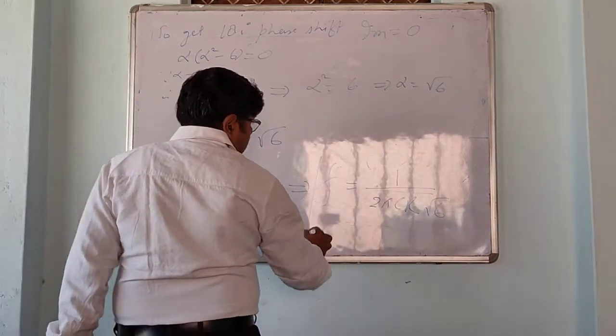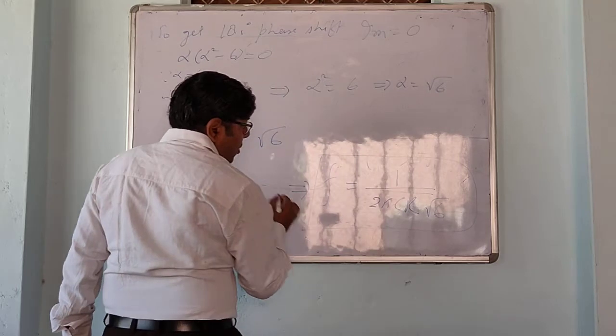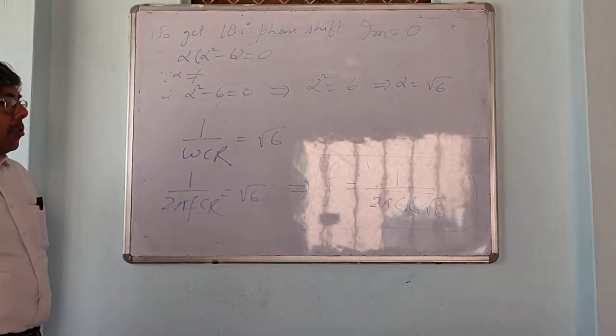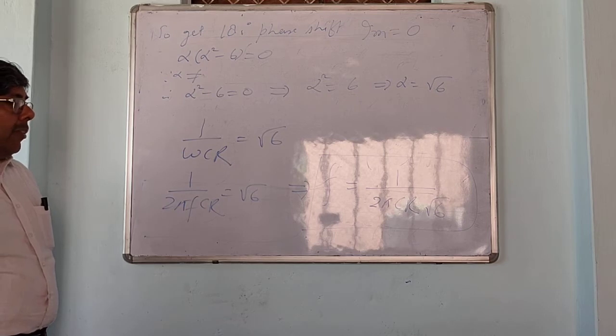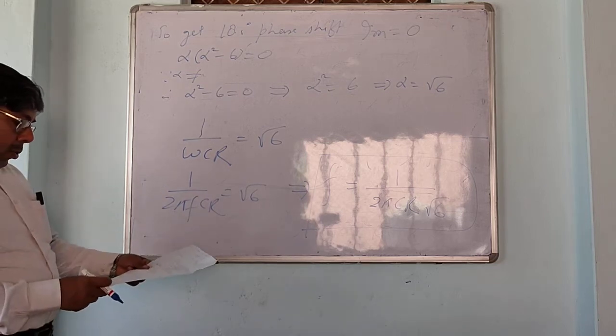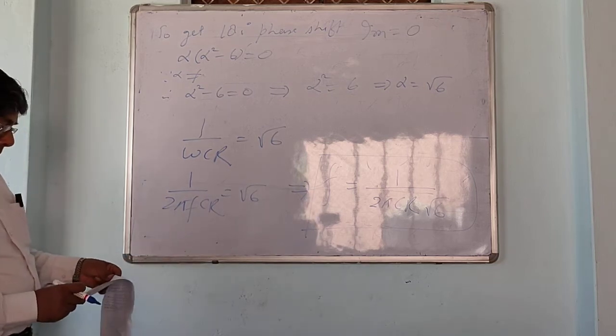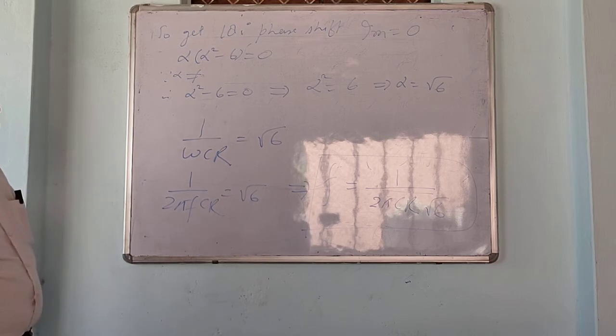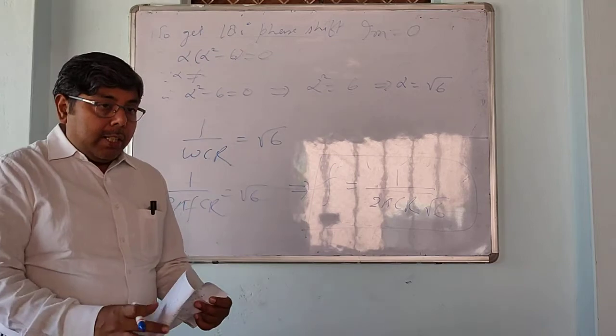So this is the expression for frequency of oscillation for an RC phase shift oscillator using an operational amplifier: 1 upon 2 pi CR root 6. So this is the frequency of oscillation. Now you can get the condition also.